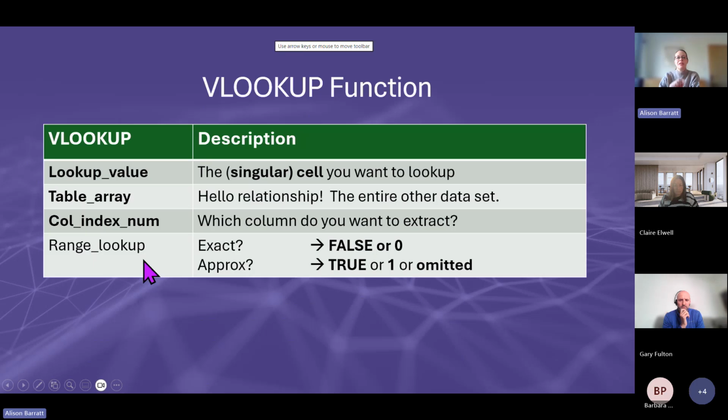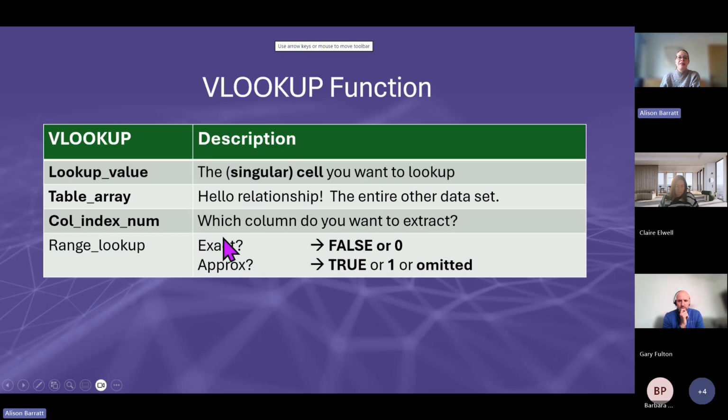However, I want us to be really careful with VLOOKUPs and XLOOKUPs, because my recommendation is that you treat that last one as a mandatory field. The reason being is that most of the time, in my experience, you're looking for an exact match.